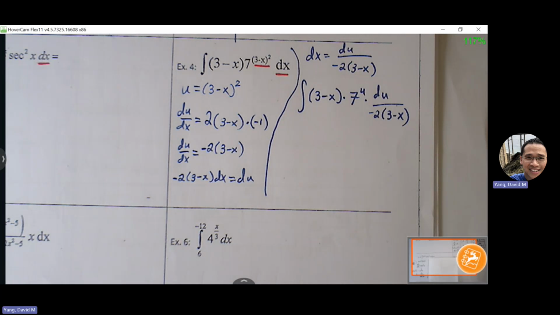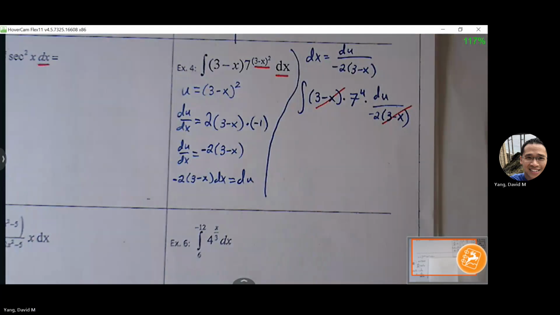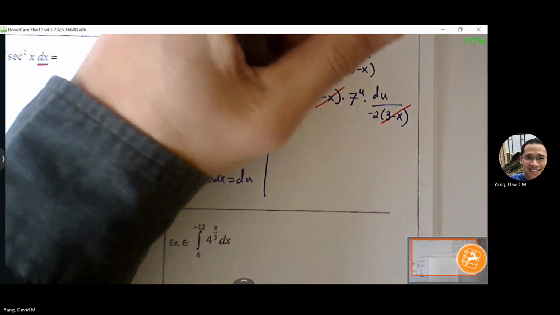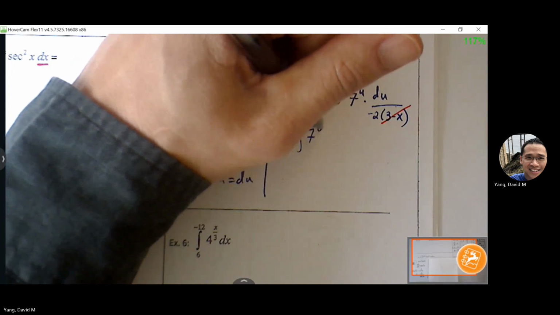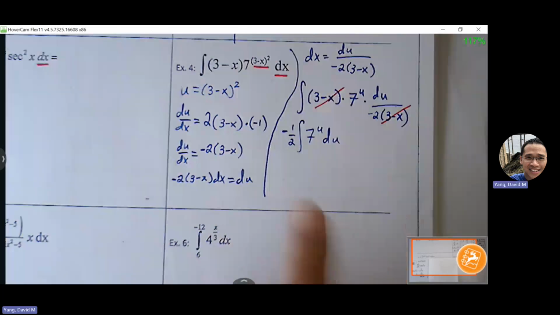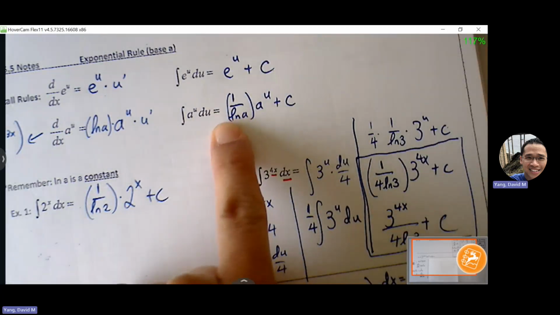Yeah, 3 minus x can cancel out, right? That's a good sign. But there's a leftover coefficient. Okay, perfect match, right? Now we have a rule to use. Integral of a to the u with a negative 1/2 that's hanging out in front.